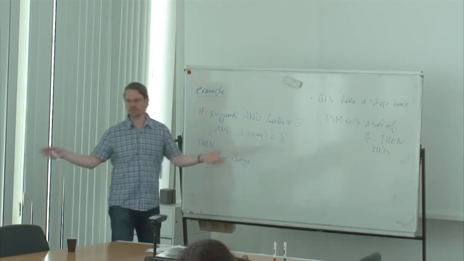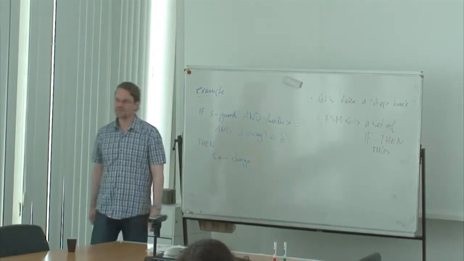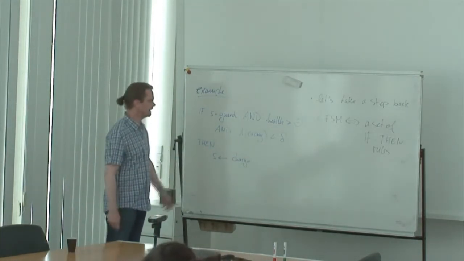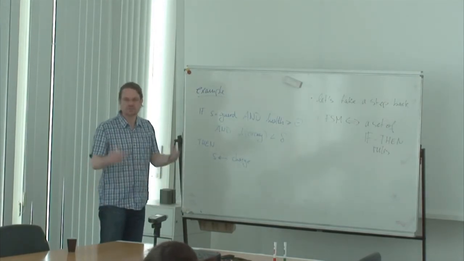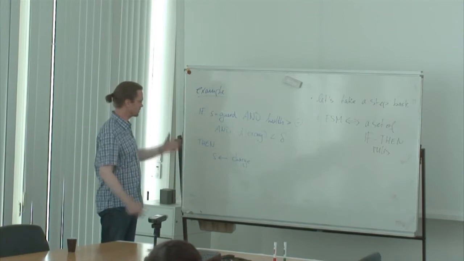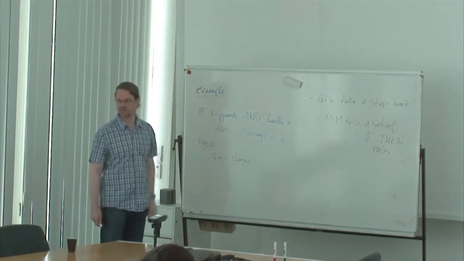That's it. Finite state machines are a fancy way of writing down lots of these if-then rules. In particular, there's a graphical representation of many of these if-then rules.